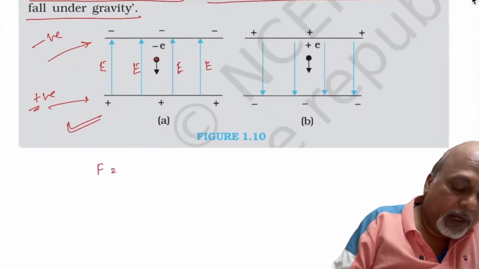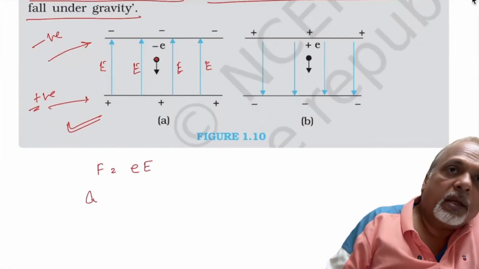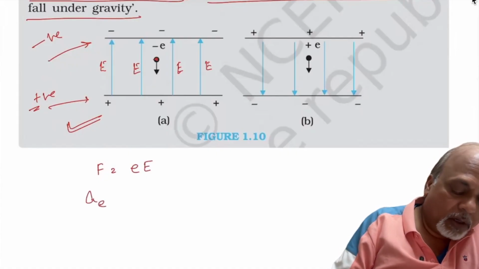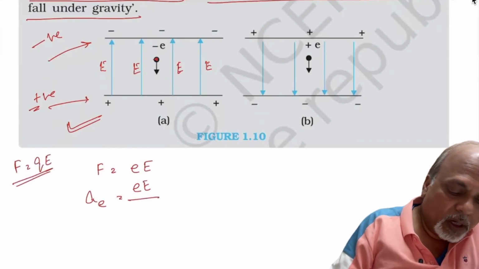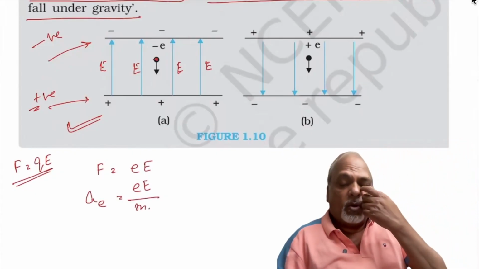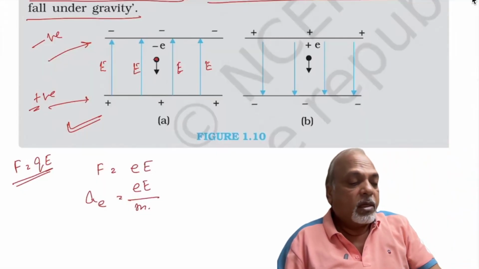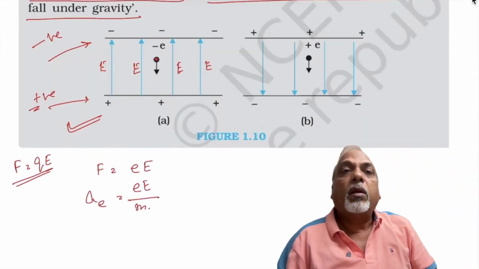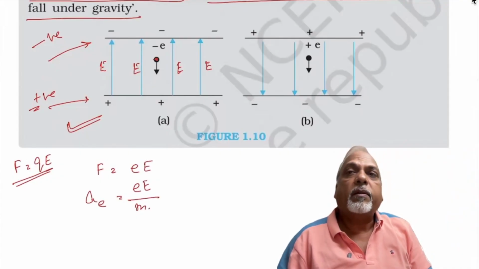Now, what will be the force the electron will be experiencing, that is eE, and what will be the acceleration of the electron, that is eE by m, because F is equal to qE. Okay, don't forget this. This is the acceleration due to the field. With this acceleration, it will move downwards. Correct.